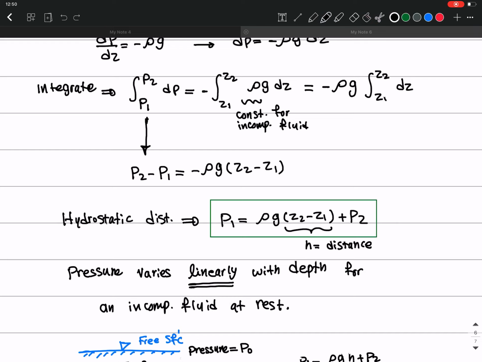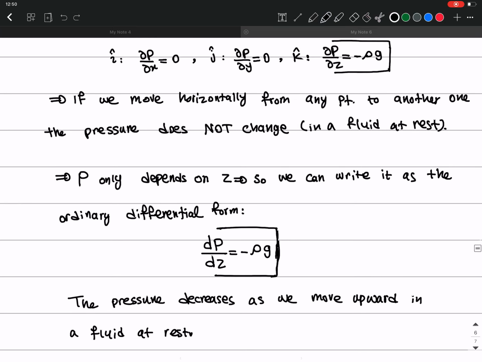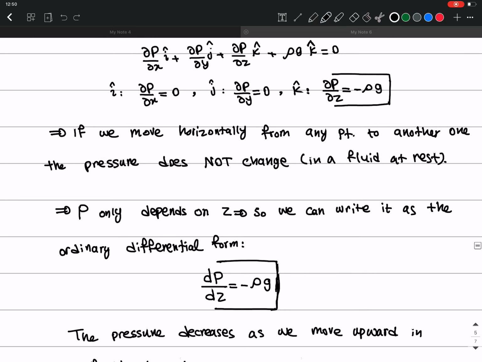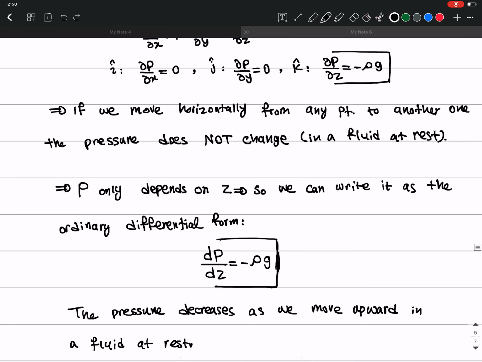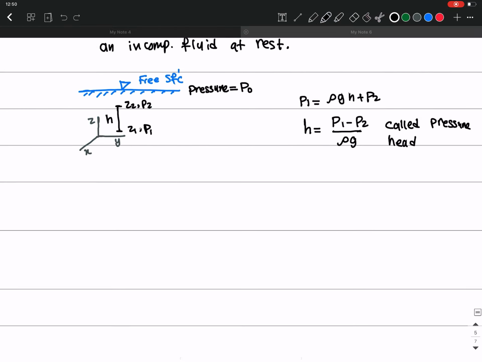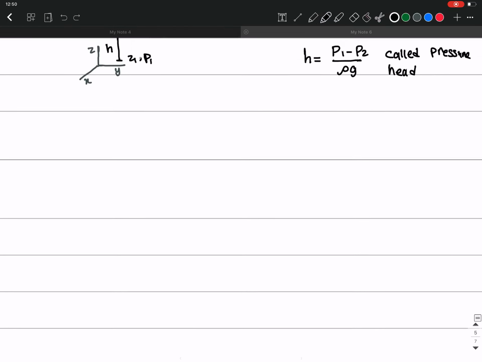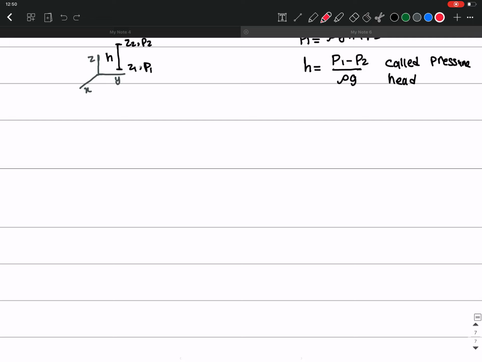Because this is the only variable we have. We only have Z or H for the pressure variation. And as I said, if you move horizontally from any point to another, the pressure does not change in a fluid at rest. So P only depends on the depth or Z. This is a very important point, and I want to clarify that again.